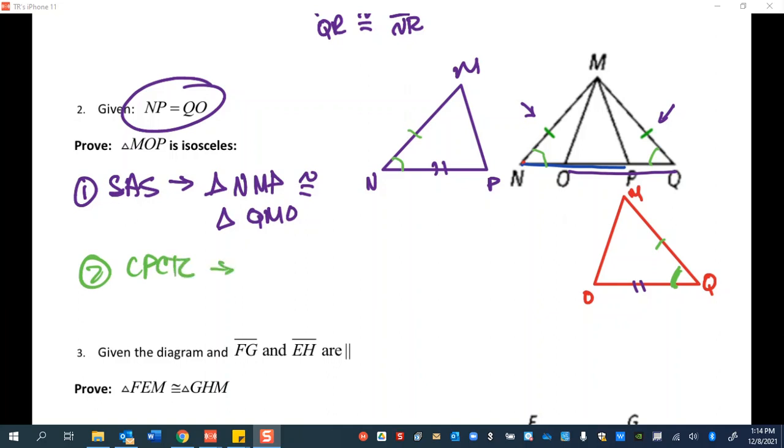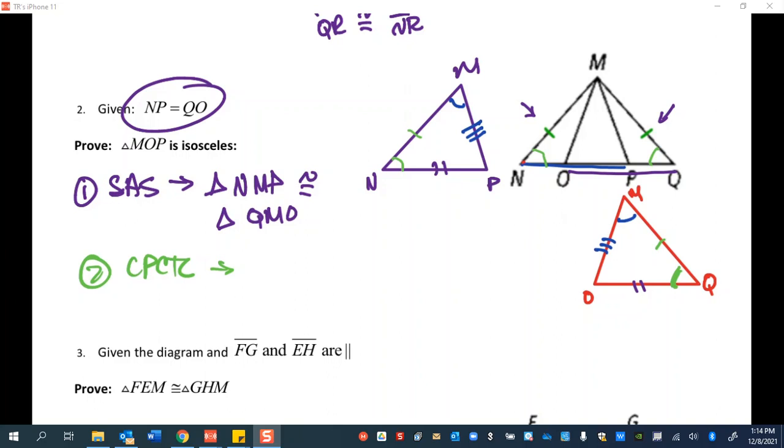What am I going to get? You're going to get everything. You're going to get that this angle here is congruent to this angle here, and that this side here is congruent to this side here.